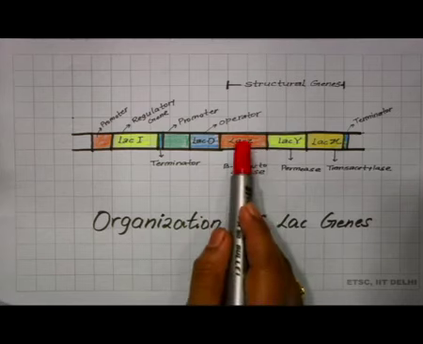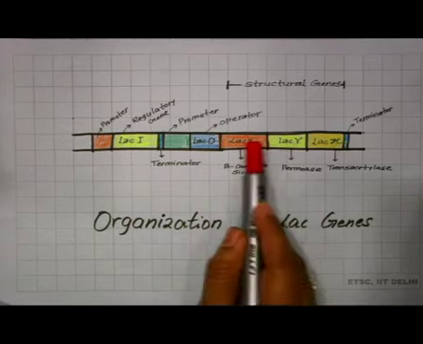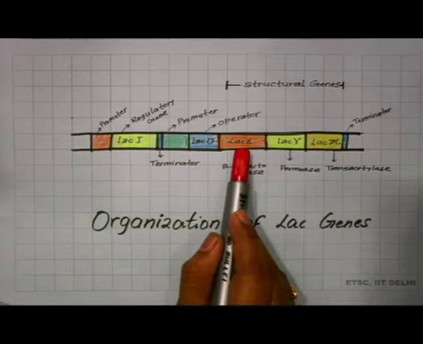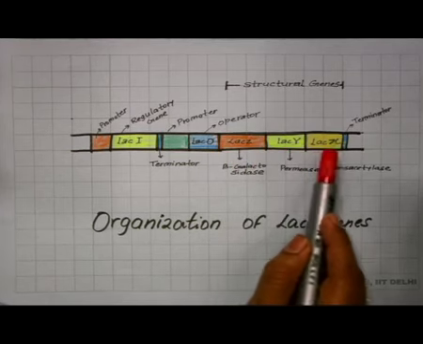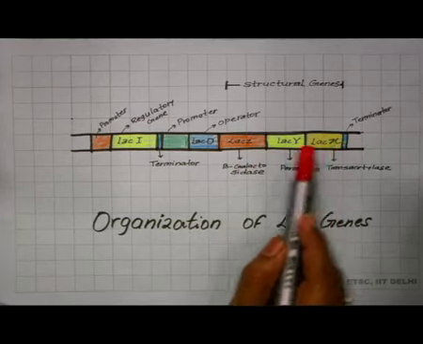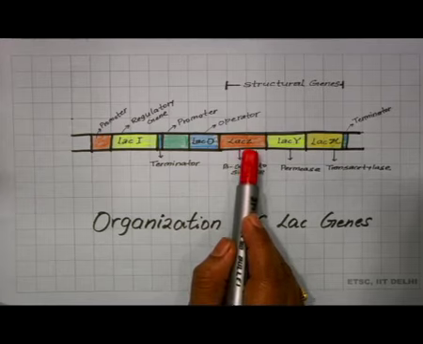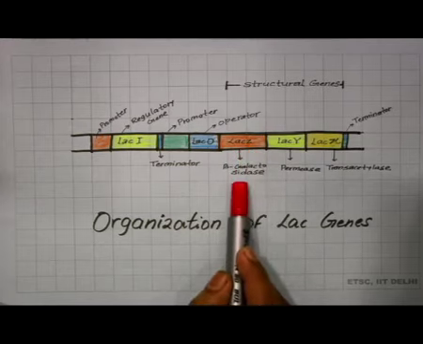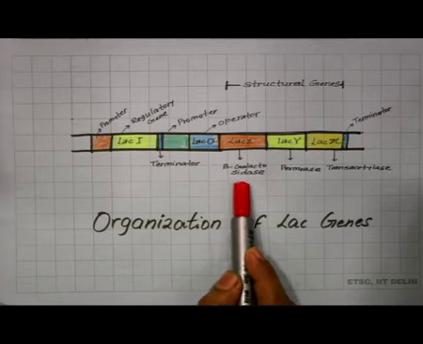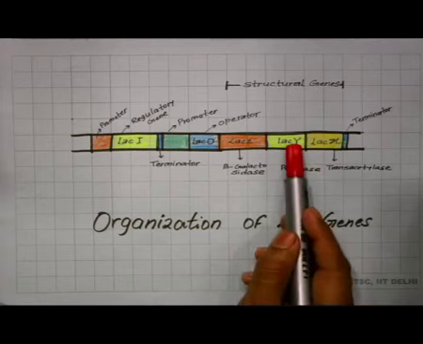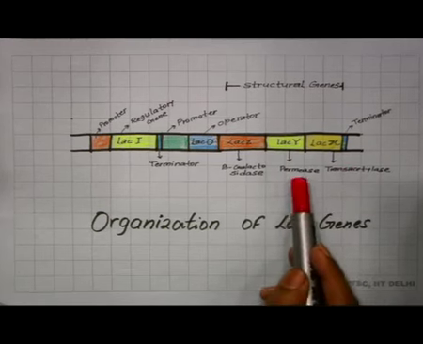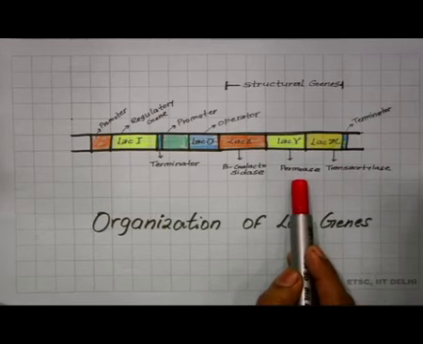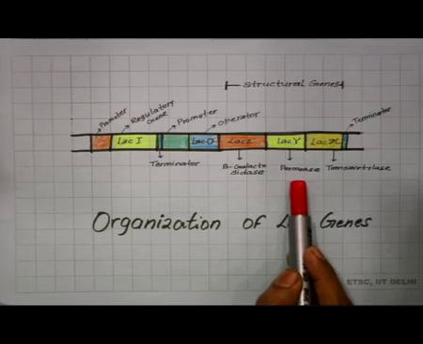Here we have 3 structural genes: lac Z, lac Y and lac X. Lac Z, by transcription and translation, synthesizes beta galactosidase. Lac Y synthesizes permease, which is an enzyme.